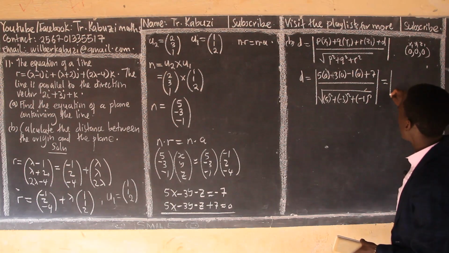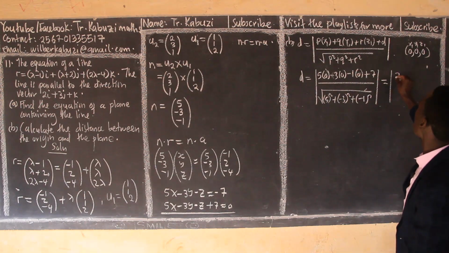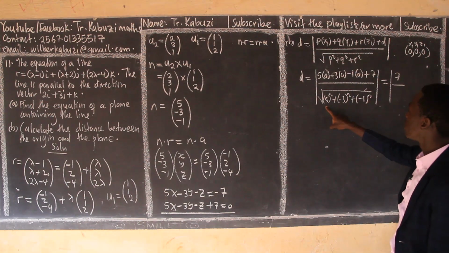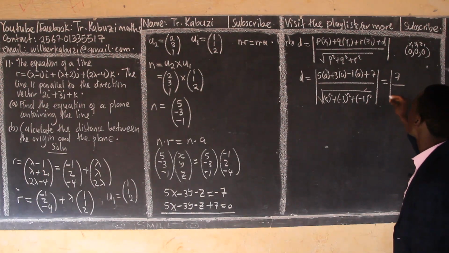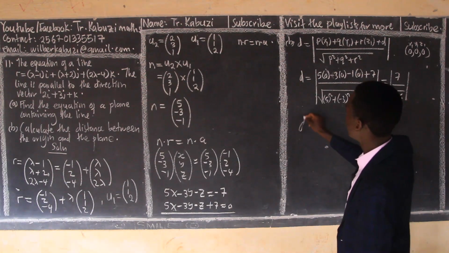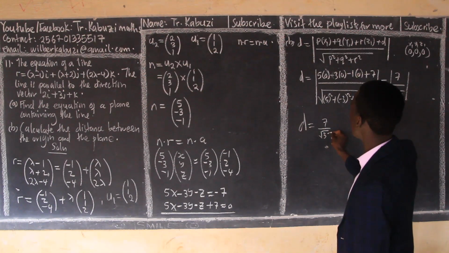The magnitude is there to avoid negatives. So this will be 7 over the square root of 25 plus 9, that is 34, plus 1, that is 35. So my distance is 7 over root 35.